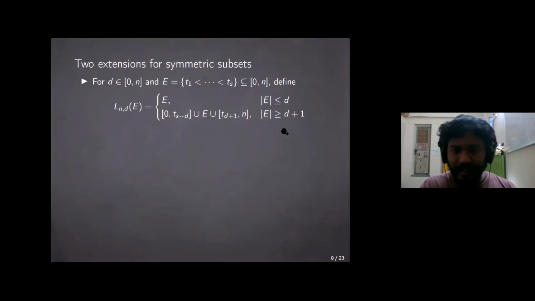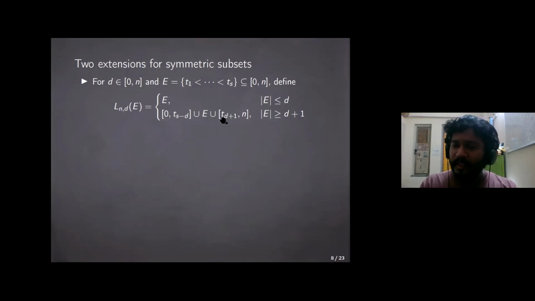The initial segment and final segment specifically look like this: 0 to T_{s-D} and T_{D+1} to n. In this case, s is at least D plus 1 because s is the size of E. Why this operator, we'll see in a little while. It's very intuitive once we get to the heart of the technique that we're employing.